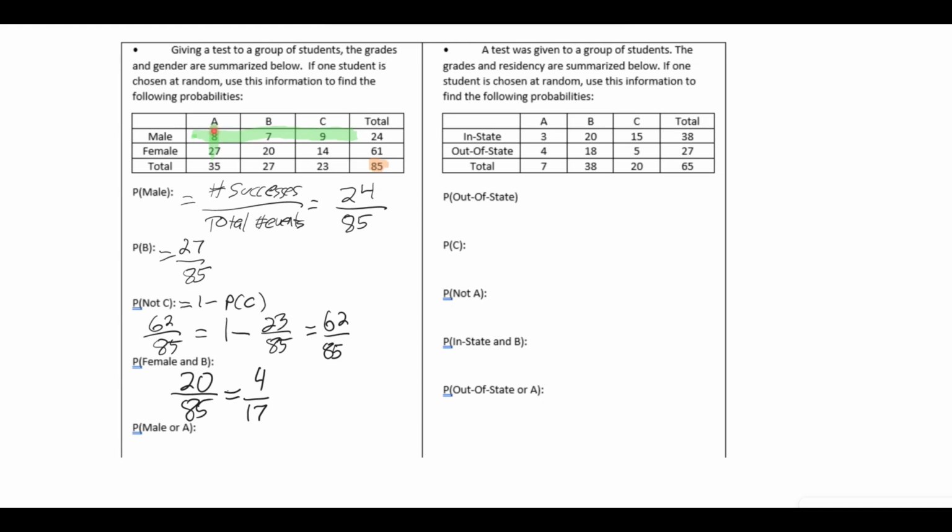So the 2 basic approaches, first off, just adding up these 4 numbers in this problem gives us all the males and also the females that got an A, therefore all the people that are male or got an A. So we could add up 8 plus 7 plus 9, those are the males, plus the other 27 females that got an A, dividing that by 85.